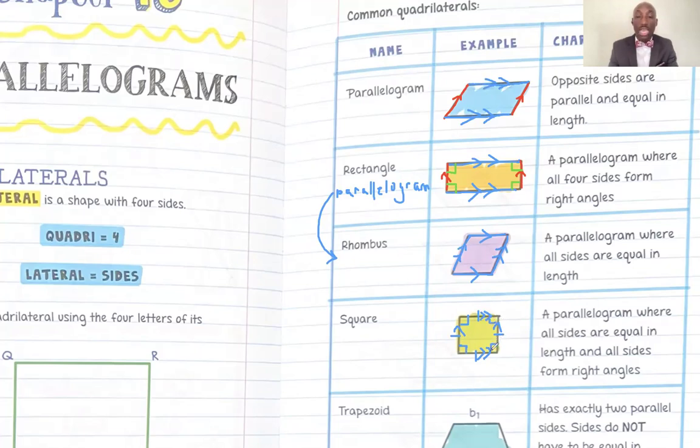So a square is a quadrilateral, a square, a rhombus, and a parallelogram. It's a square because it's a parallelogram where all sides are equal in length and all sides form right angles.